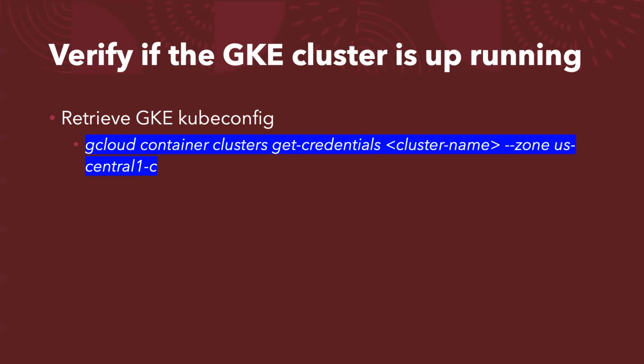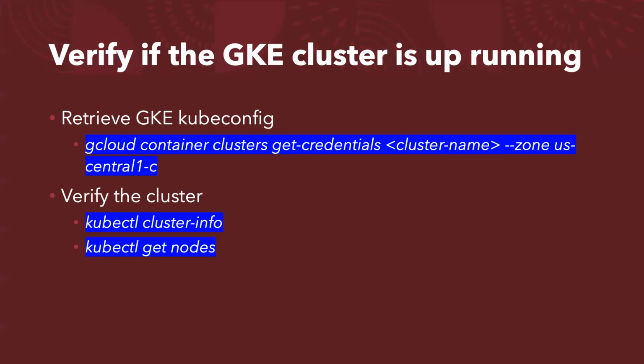Then you need to run the gcloud init command to initialize the configuration, and you need to log into gcloud before you can run the gcloud container clusters get-credentials command to retrieve the GKE kube config. Once you retrieve the kube config, you can verify the cluster status with a command, could be running kubectl cluster-info, or just verify the node status.